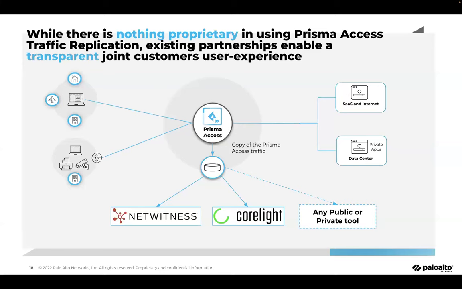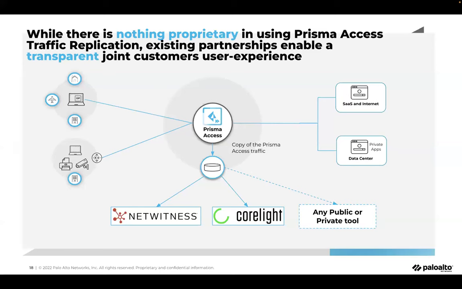So most, if not all of these vendors were very used to ingesting a stream of packets through a tap port. Now they developed mechanisms to read these buckets, get this series of PCAP files, stitch them together, and do the same type of analysis that they used to do beforehand. So why is this important from a joint customer perspective?